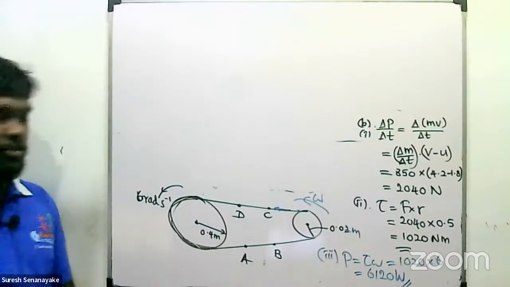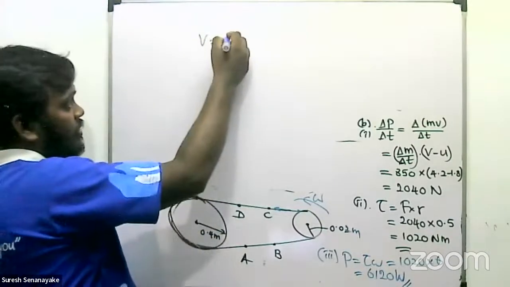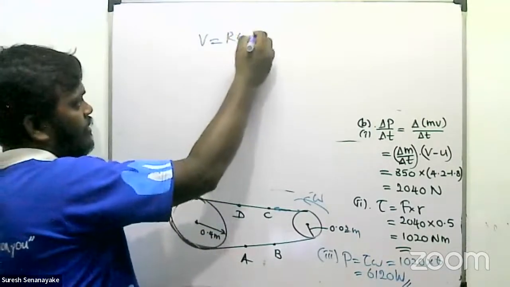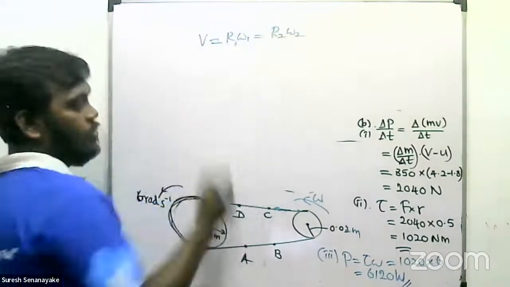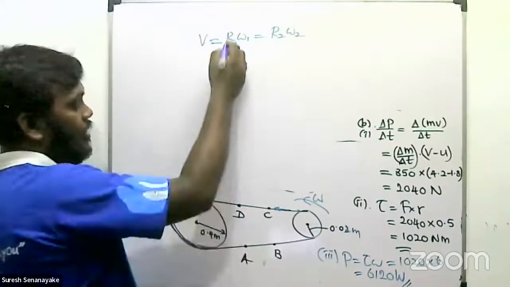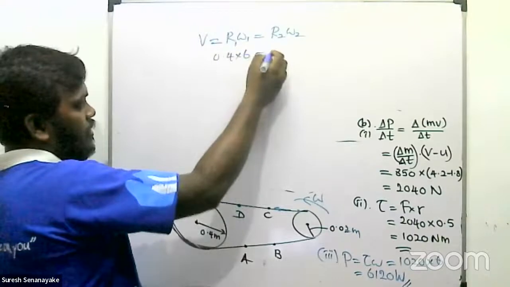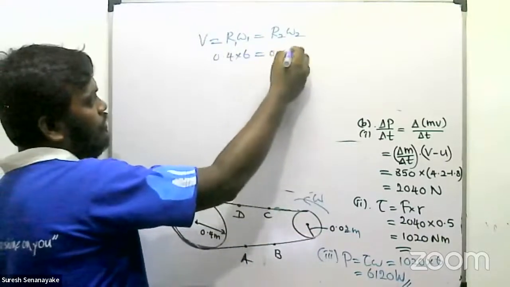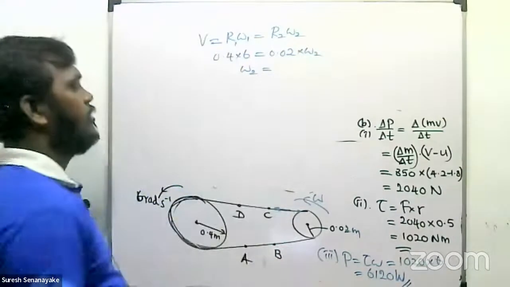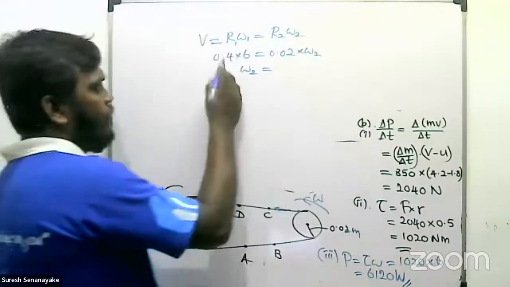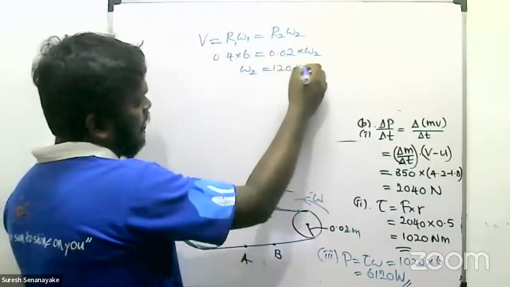So you can write, for the large wheel, r1 into omega 1, and for the other one r2 into omega 2. The smaller one and the larger one. Here r1 is 0.4, omega 1 is 6. The r2 is 0.02, and omega 2 you need to find. That is 120 radians per second.